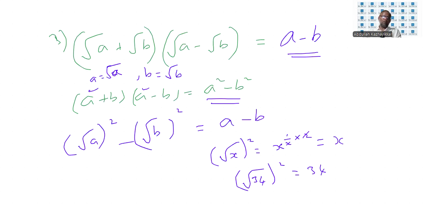All of you, please come to the fourth identity. The fourth page, I can say, identity 4. From your textbook, you can see: A plus root B into A minus root B. What is the difference?